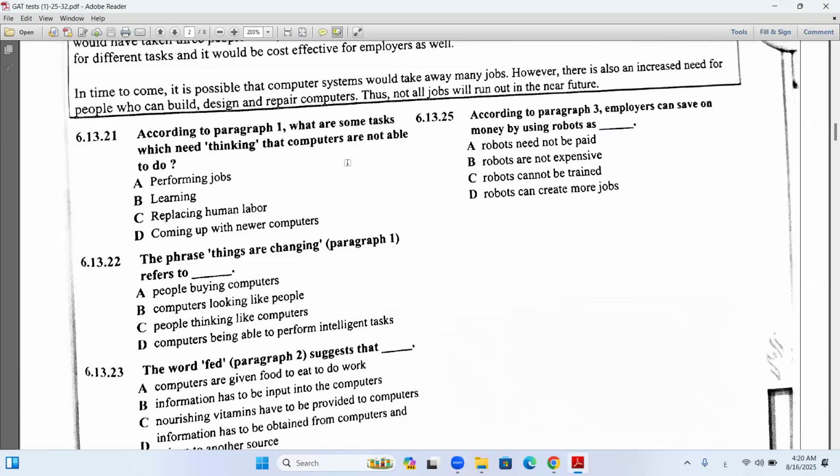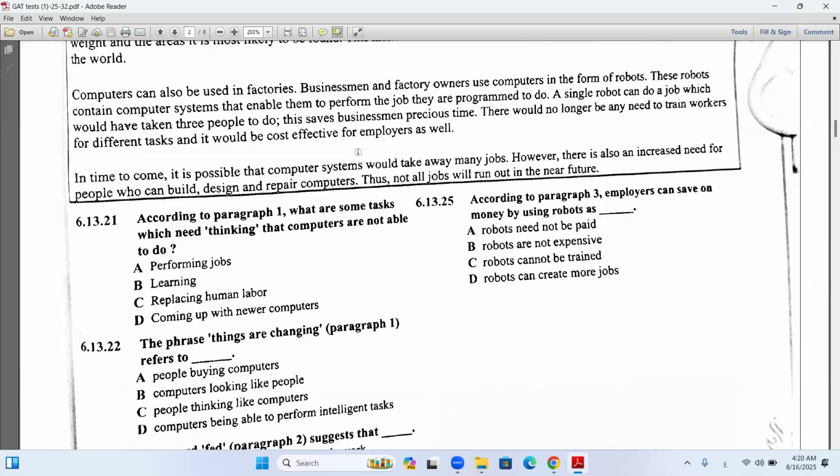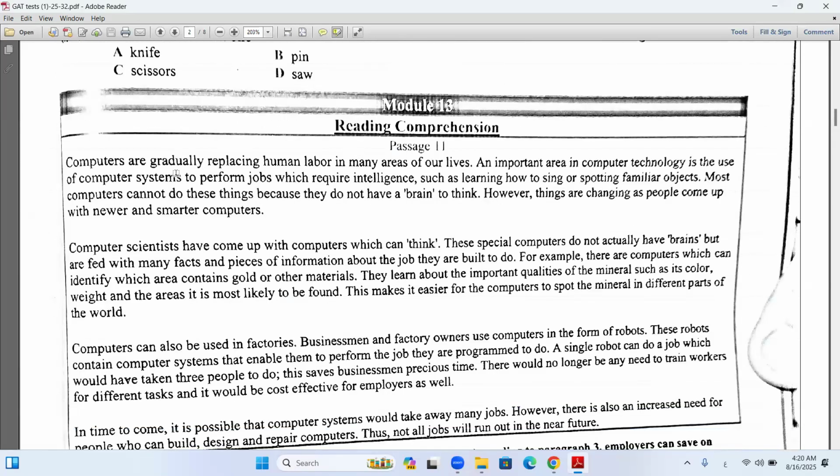The keywords are: tasks, need thinking, computers are not able to do. Let's skim: computers, replacing, important technology, system, task, need thinking, familiar objects. Computers cannot do these things because they don't have a brain to think.